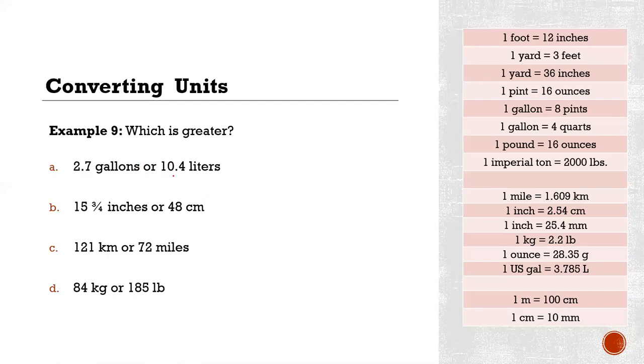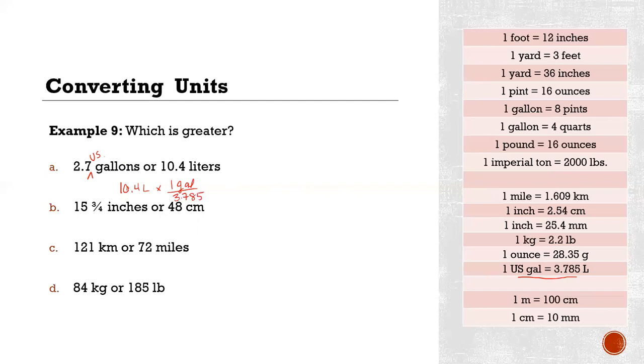Well, I'm going to take the liters and turn it into gallons. So 10.4 liters multiplied by, so there's our gallon to liter here, and we'll assume that it's a US gallon. Okay, so 1 gallon is 3.785 liters.